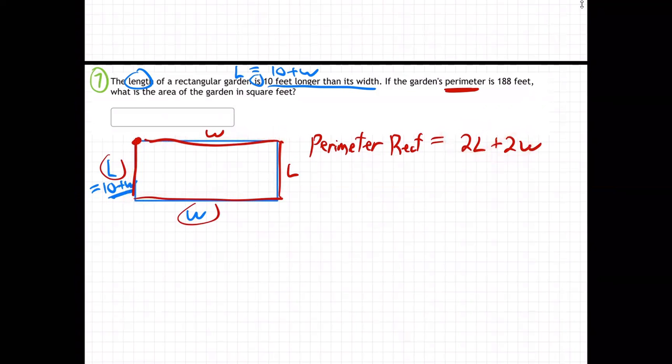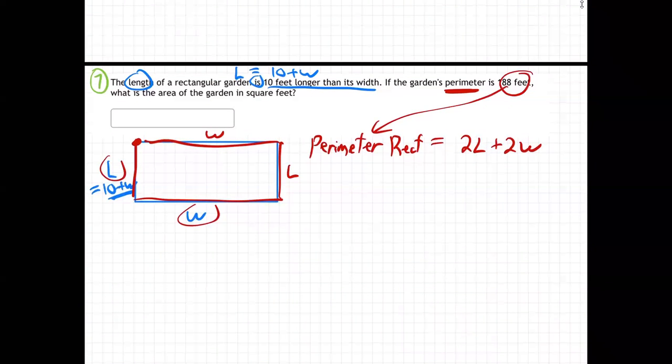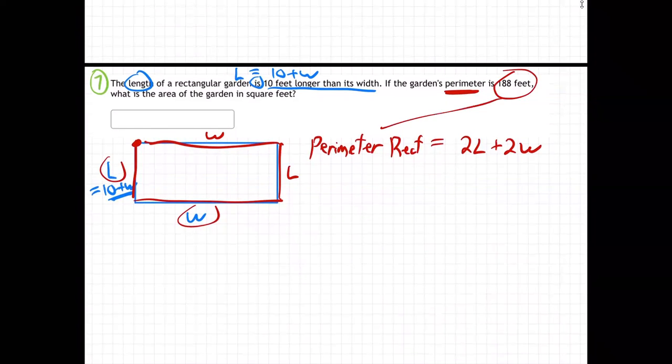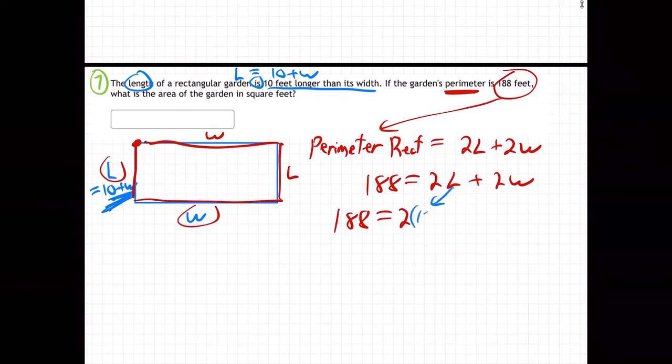Okay. They tell us the perimeter is 188. So 188 is 2 lengths and 2 widths. Now, let's do it again. The length, notice, is 10 plus W. See what happened there.